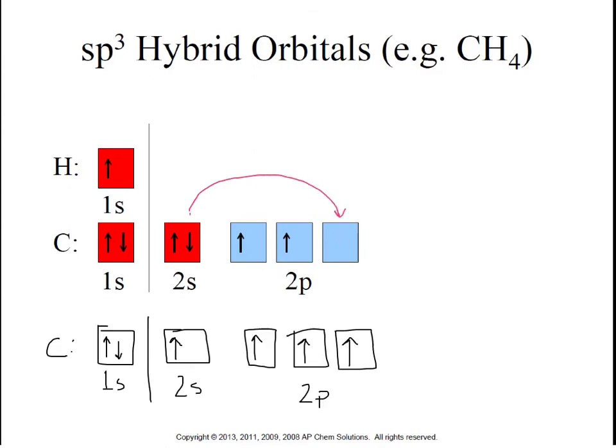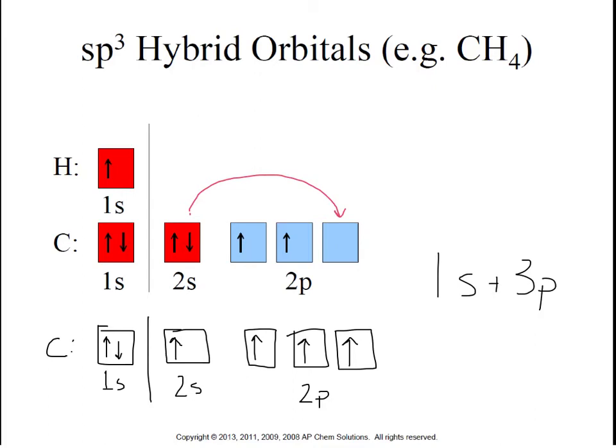And now it has this orbital notation, which means that we have one spot in the 2s and then three spots in the 2p. And they're not going to stay separate, though. Instead, they're going to morph together, and they're going to create a new hybrid orbital composed of 1s plus 3 p's.